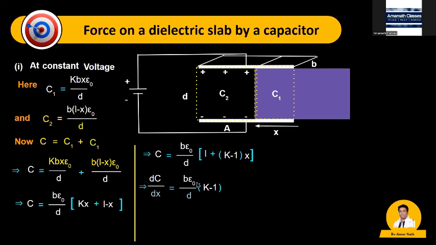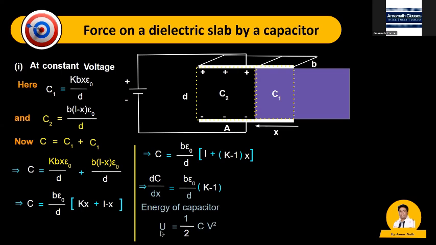But why have I discussed this? I know the energy of the capacitor is, if the voltage is constant, better to take the formula half CV square. As capacitance changes, energy also changes.